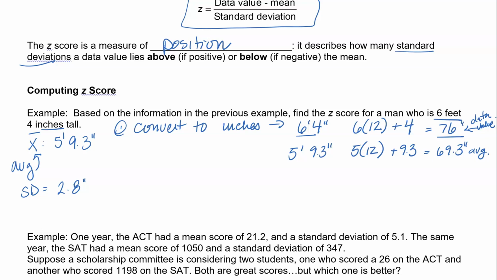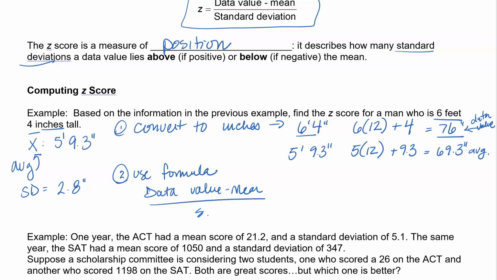Okay, so we're going to use the formula. Step 2 is use the formula: the data value minus the mean, divided by the standard deviation. Our data value is 76 inches minus the mean, which is 69.3, divided by the standard deviation, which is 2.8.